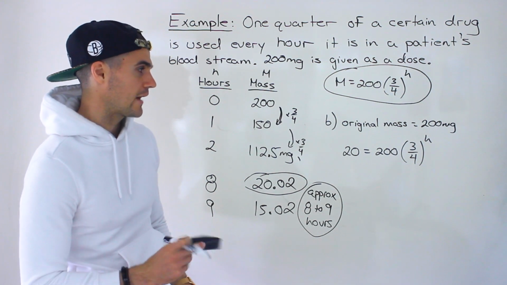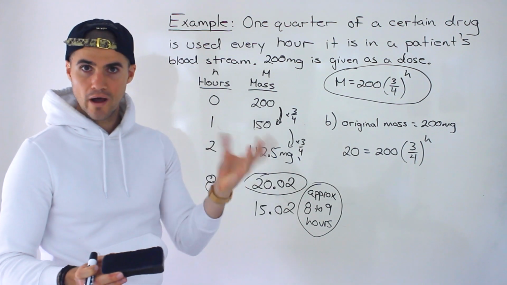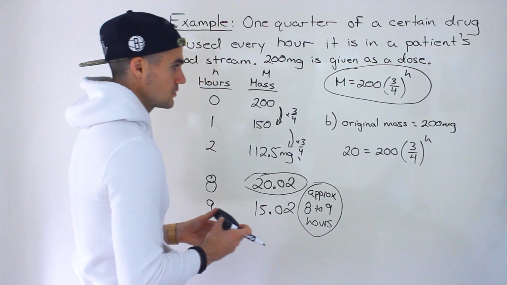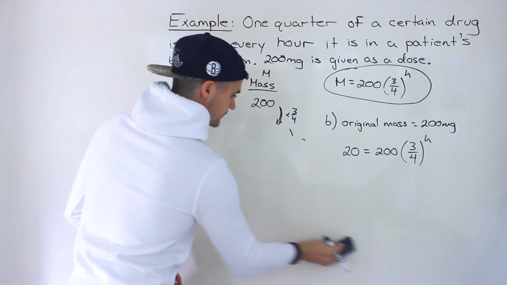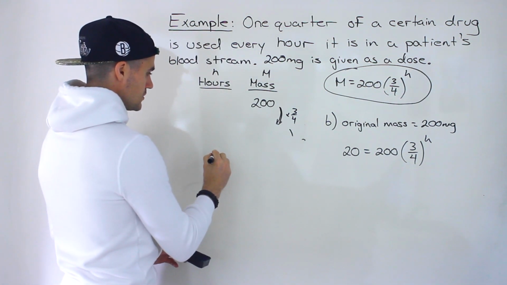Now, if you were to do it algebraically, your teacher may or may not go over this. This is a grade 12 technique to use, but I'm going to show it to you anyway. Just in general, let me show you this rule. It's a pretty cool one.